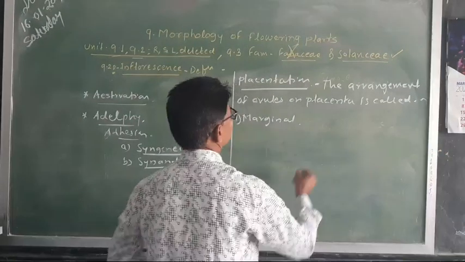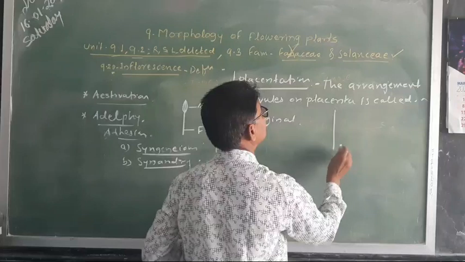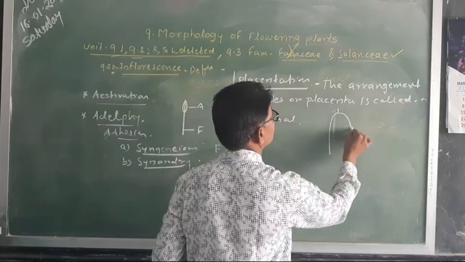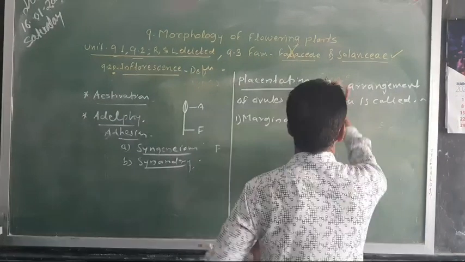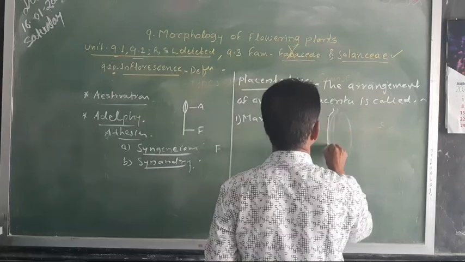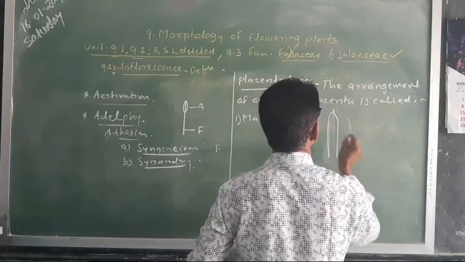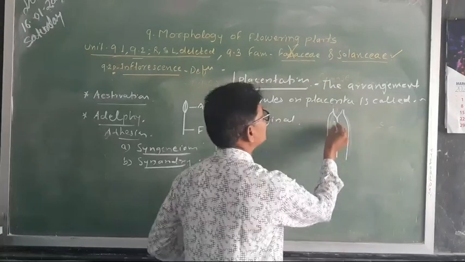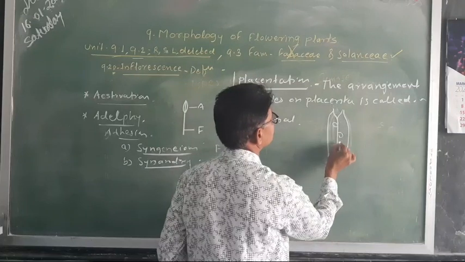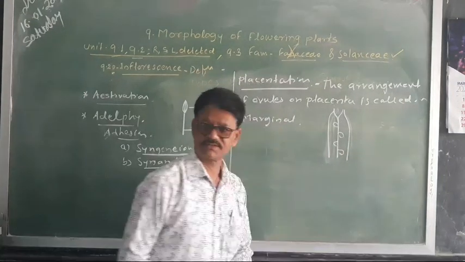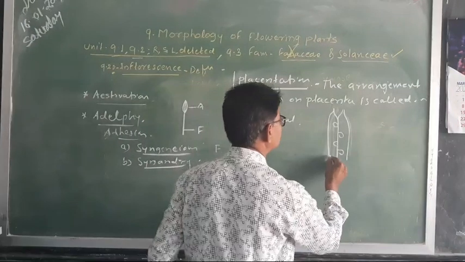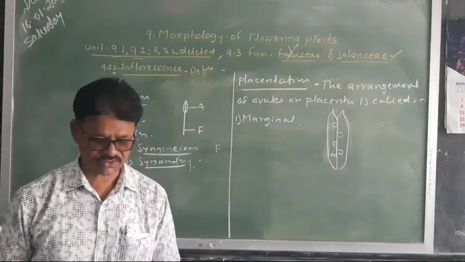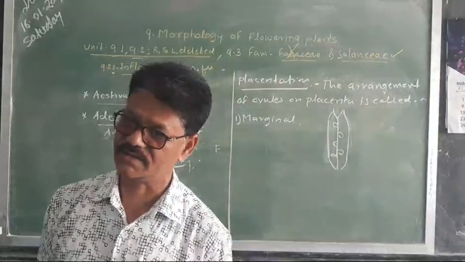You can show it in the diagram like this. And here these are attached to the margins. This is marginal type of placentation found in pea. Here I showed the pod of Clitoria.